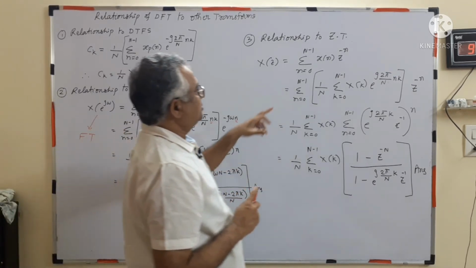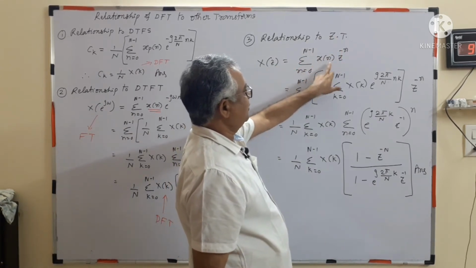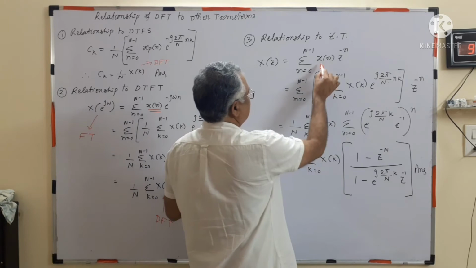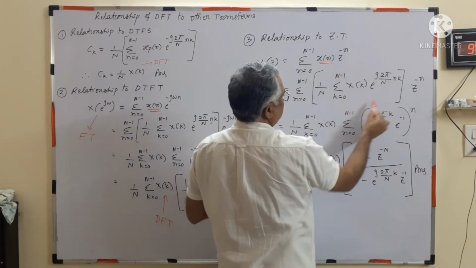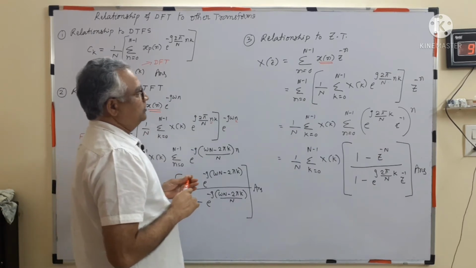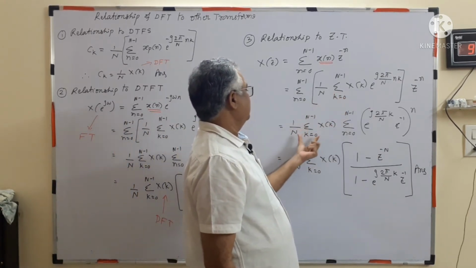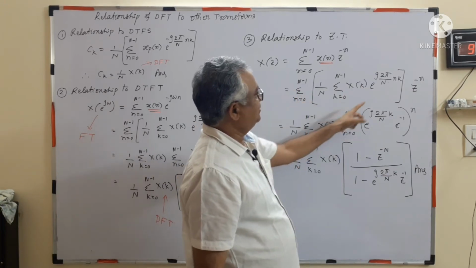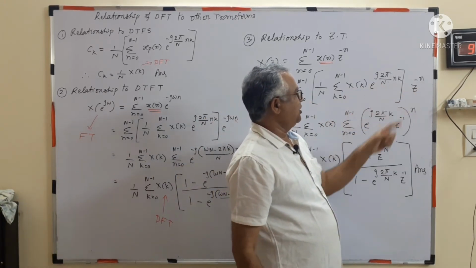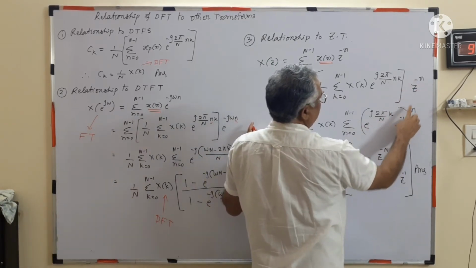Then the last one, relationship to the Z transform. Now write the Z transform formula. Here x of n is replaced with the same IDFT formula. Then change the order of summation. This you take outside, and inside keep both the exponentials. This is z power minus 1 to the power of n.